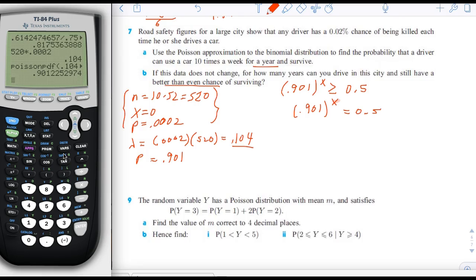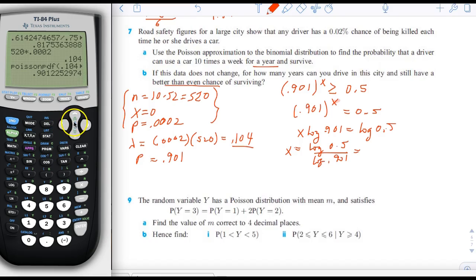And remember, the way we do that is we take the log of both sides. If we take the log of both sides, we'll get x log of 0.901 is equal to the log of 0.5. So x equals the log of 0.5 divided by the log of 0.901.